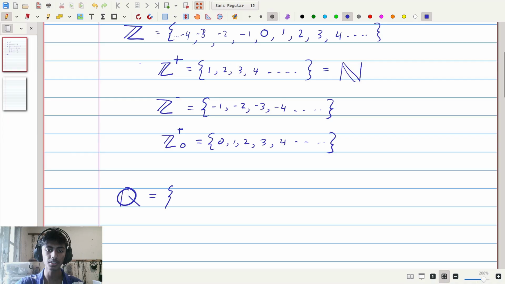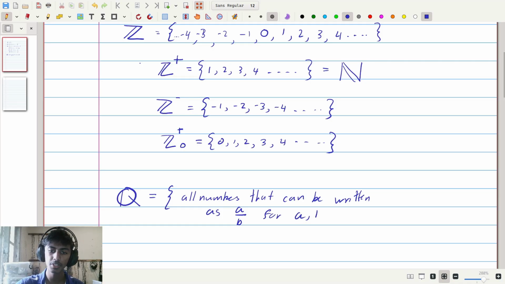This is the set of all numbers that can be written as some a divided by some b, for a and b within the integers. So we build up this new set from the integers.